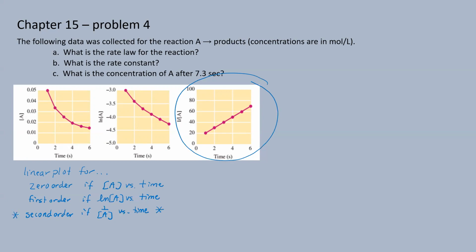So we're looking at a second order for compound A. So my rate law should have K times the concentration of A squared.